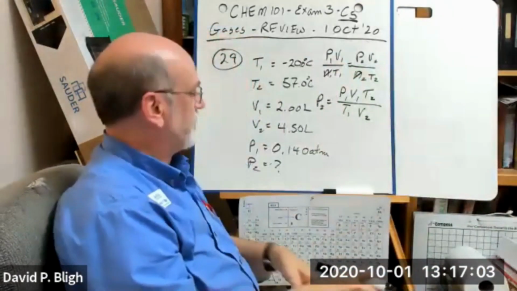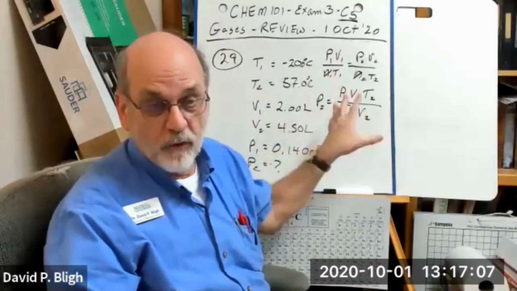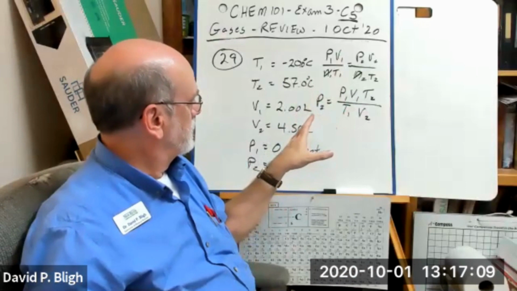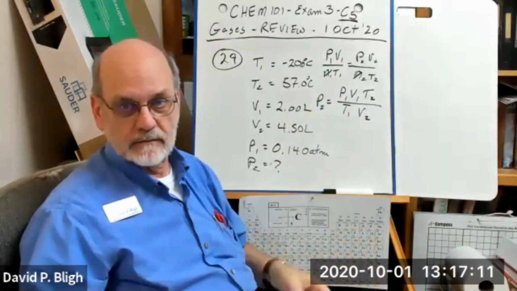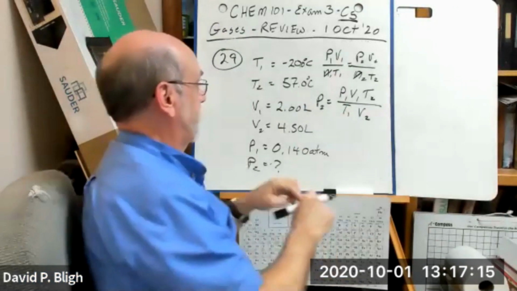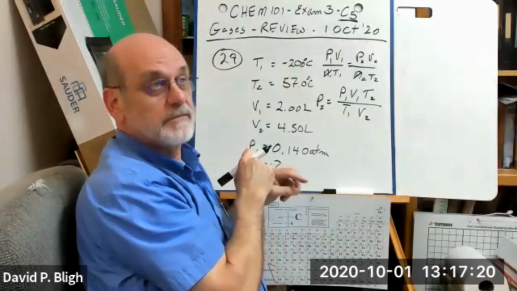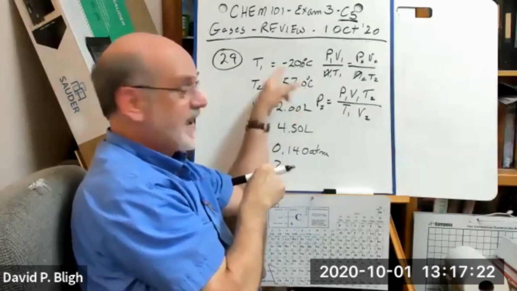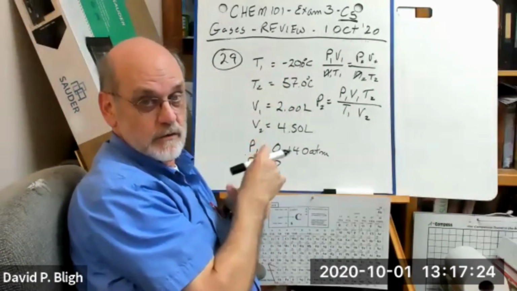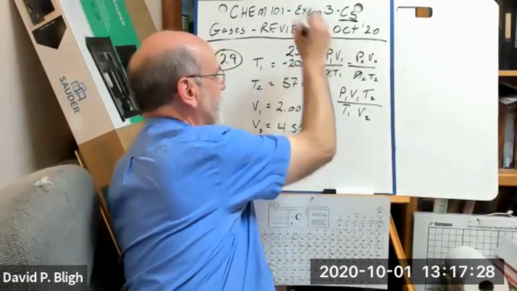Okay? So now, since this is a before and after, oh, what did we not do yet? Temperature. So what's that temperature in Kelvin? Well, 273 minus 20 would be 253, right? 253 Kelvin.